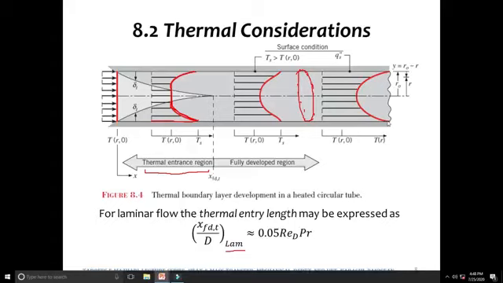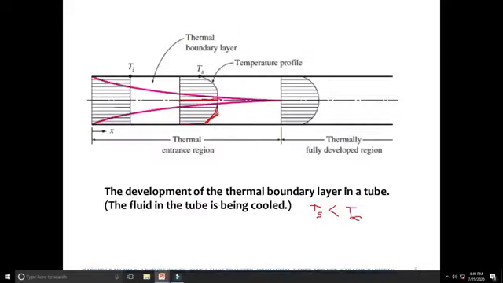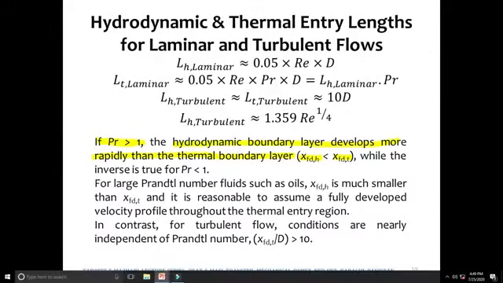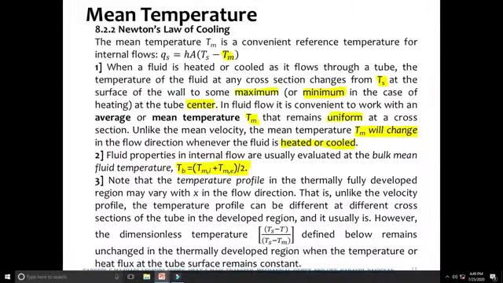I suppose you would have realized why it does not happen. It does not happen because of the changing values of the mean temperature of the fluid. As I just discussed, Tm does not remain constant. If the fluid is getting heated up, Tm will increase, and if the fluid is getting cooled down, the mean temperature of the fluid will decrease from location to location. So the velocity profile will have that shape, but that shape would have different values at different values of x.